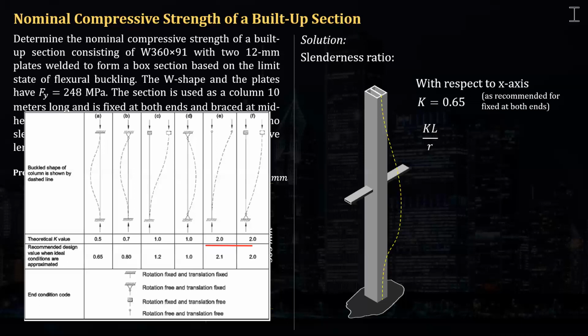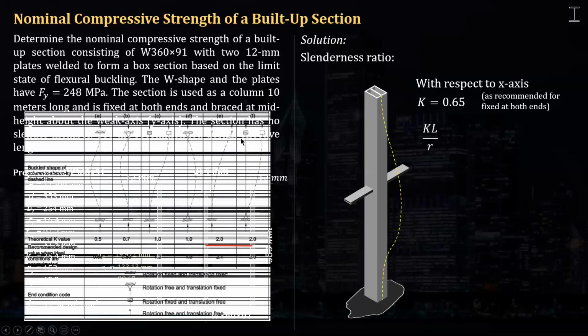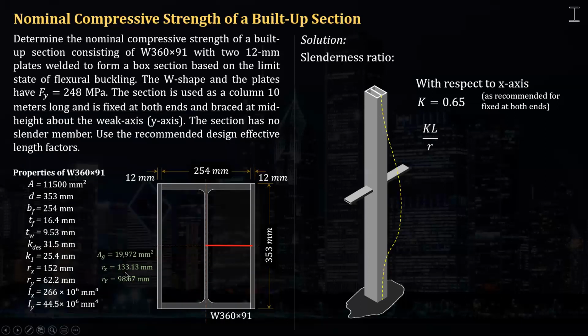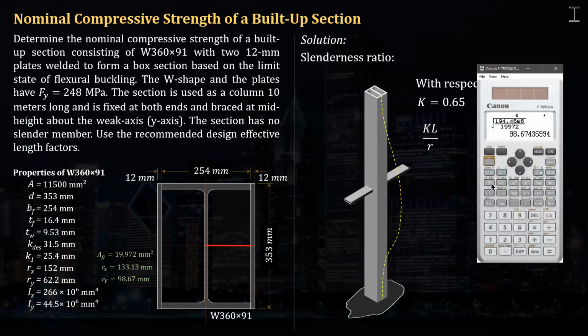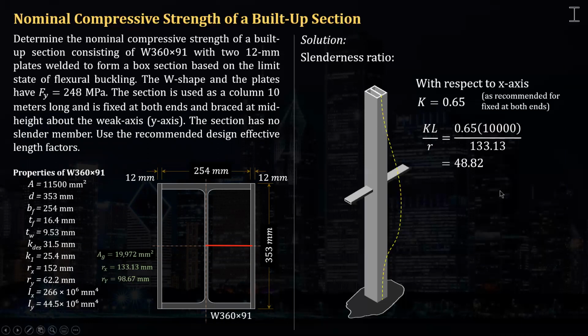So KL over R must be KL over Rx, okay? So that is equal to 0.65 times 10,000 over this 133.13. And it gives us 48.82. Okay, that is the slenderness ratio with respect to X.